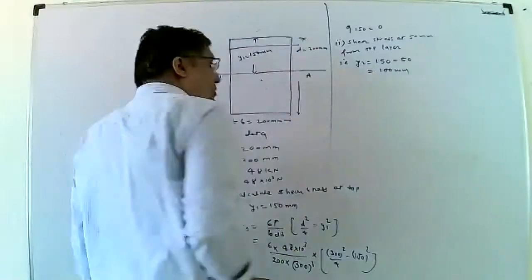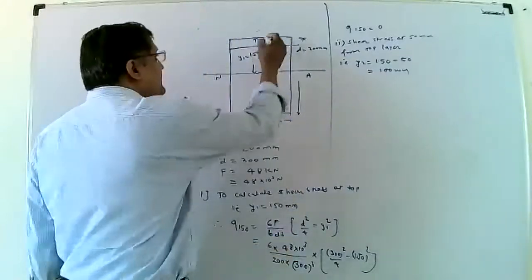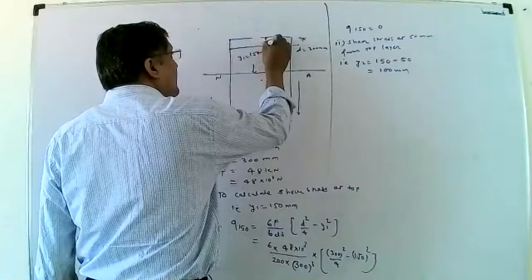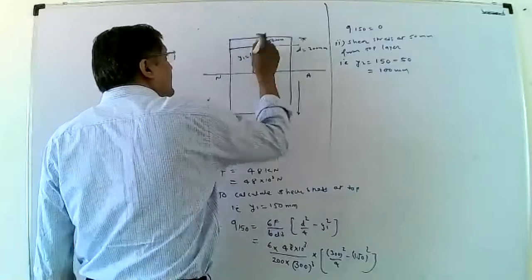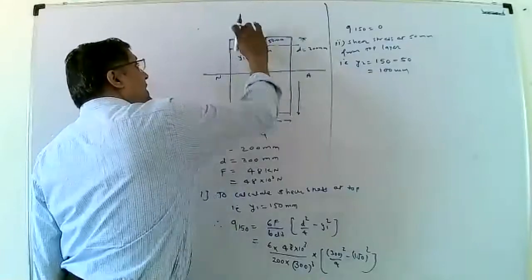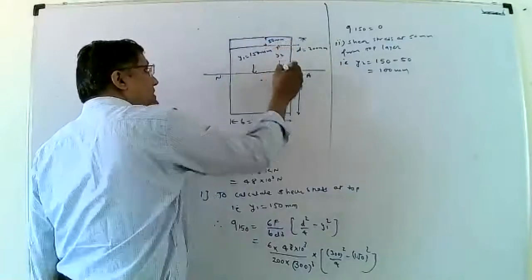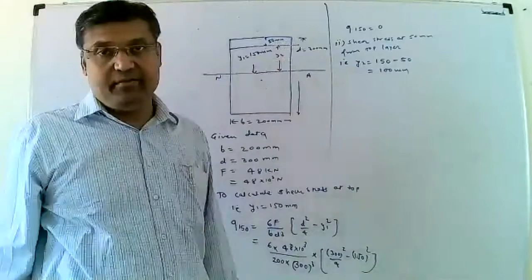This distance from the top layer is given as 50 mm, and the remaining distance, Y2, is equal to 100 mm.